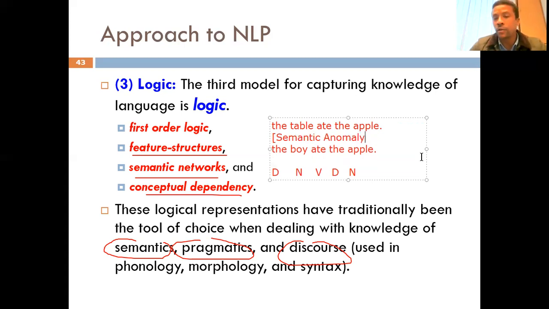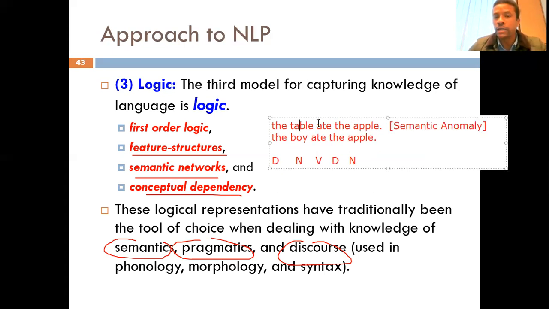The anomaly is due to the fact that table is not an object that can perform the action of eating. So that's why we say when it comes to semantics, pragmatics, and discourse, we are going to dwell more on the approaches developed through logic or logical representation.